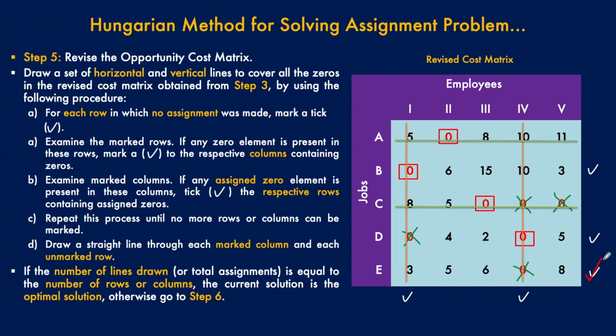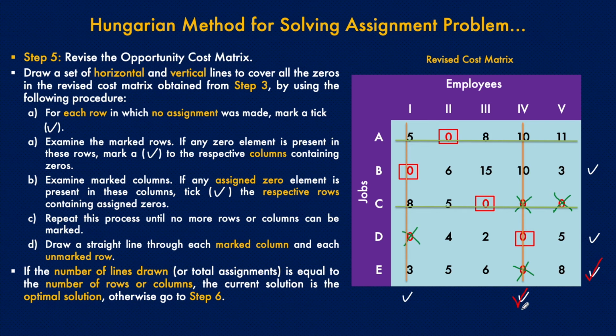Once we selected a particular row, immediately after that you just observe each element of that particular row. Identify, is there any 0 element, whether it is assigned or crossed. So we can identify, yeah, here there is one 0 element. So you just choose that particular column. So this is the second tick mark. You have identified one 0 element in that row and marked that particular column.